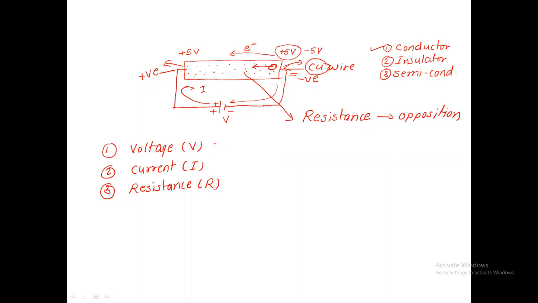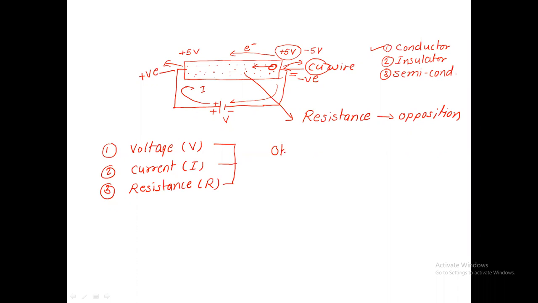And as I say, these are the fundamentals of every electrical and electronic circuit. To find the relation between these three main parameters, so many experiments were carried out, but at one time one scientist discovered the relationship between these three parameters, and the name of that scientist is Ohm.